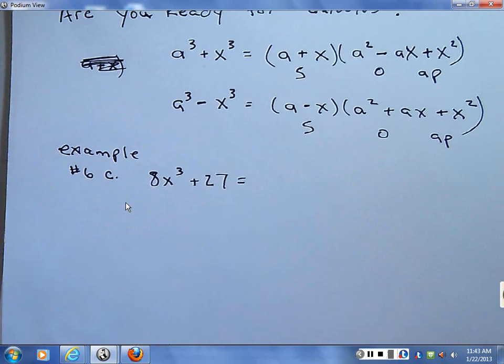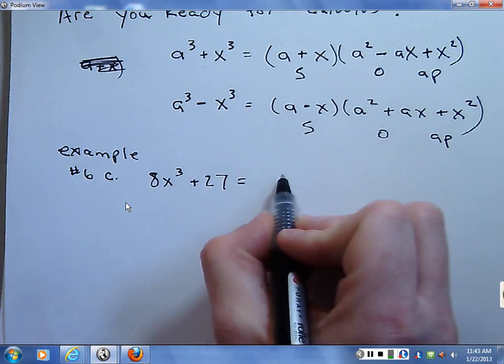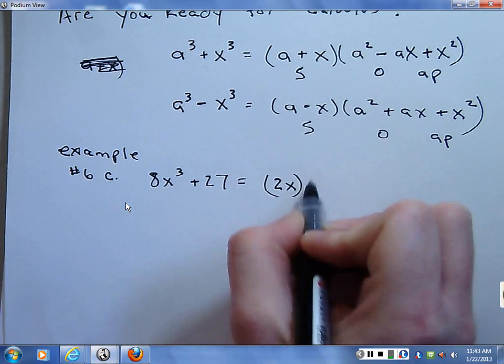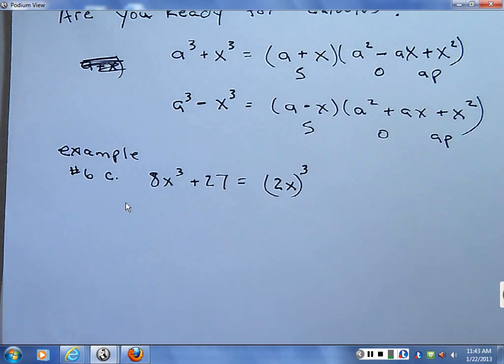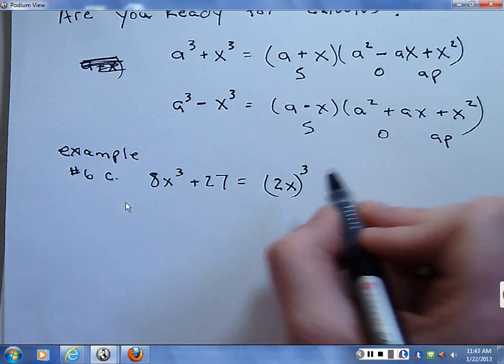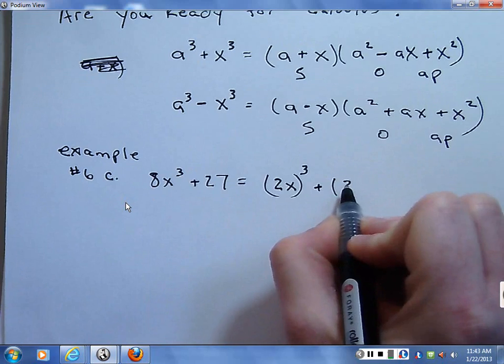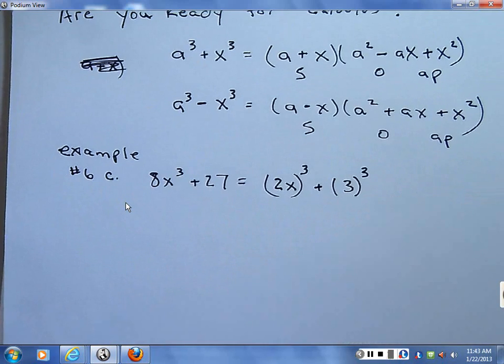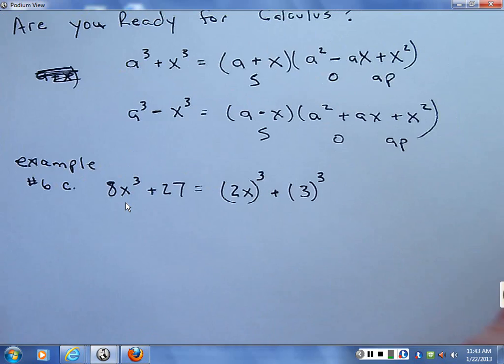Sometimes it's easier if we write them as cubes so we can see what is the A and what part is the X. So I could write this as 2x cubed, because 2 cubed is 8, plus 3 cubed, right? So I can see what's playing the role of A and what's playing the role of X. Does everyone see that?